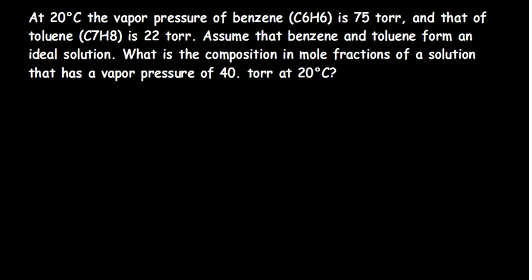Can move and look at another question. So at 20 degrees Celsius, the vapor pressure of benzene is 75 and that of toluene is 22. Assume that benzene and toluene form an ideal solution. What is the composition in mole fractions of a solution that has a vapor pressure of 40?